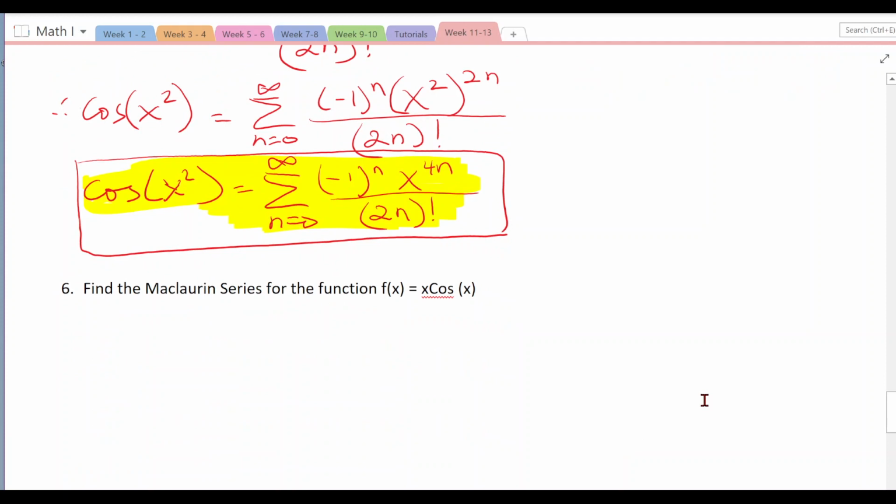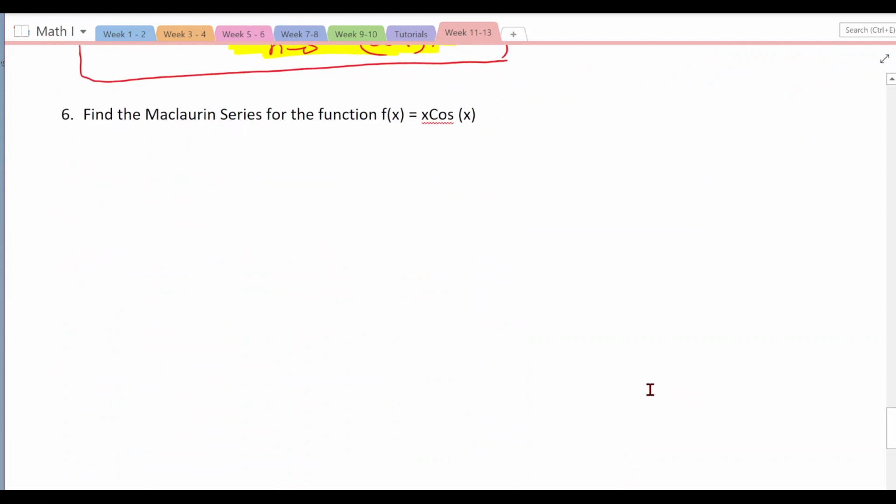Right, so let's try another one. Find the Maclaurin series for the function x cos x. Again, here we can make use of our knowledge of cos x.